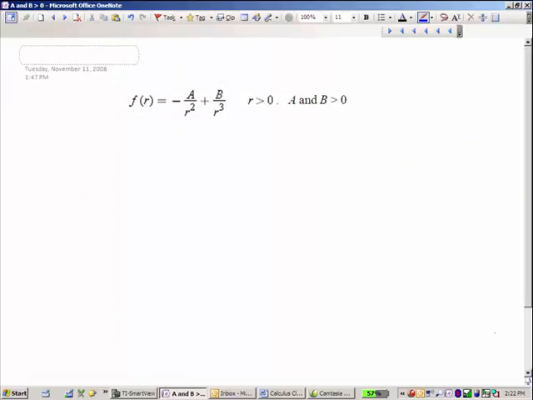Can we try finding some critical points here? Now, some of you can use the quotient rule, but you may very well want to just rewrite it. Derek, you want to do the first derivative?